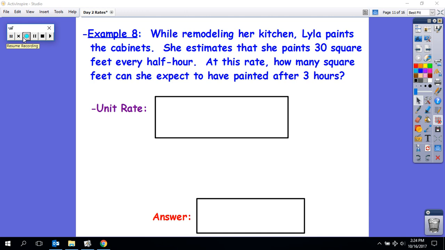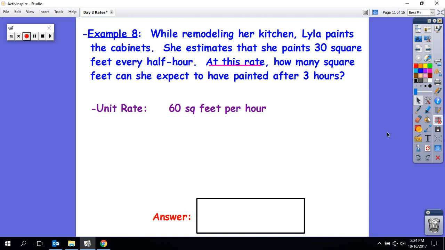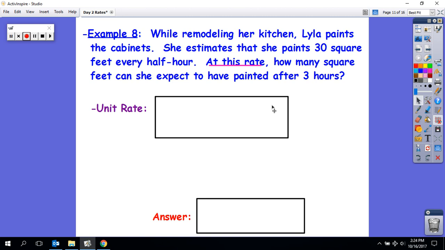While remodeling her kitchen, Lila paints the cabinets. She estimates that she paints 30 square feet every 1/2 hour. At this rate, which we need to figure out what that rate is, how many square feet can she expect to have painted after 3 hours? So the first thing that we need to do is figure out what her unit rate is. She does 30 feet every 1/2 hour.